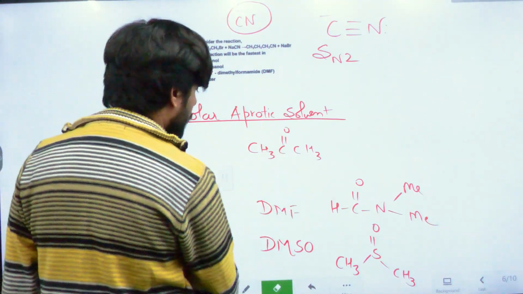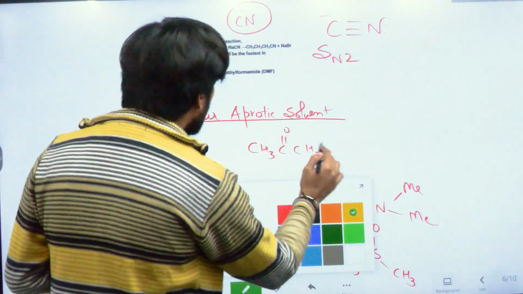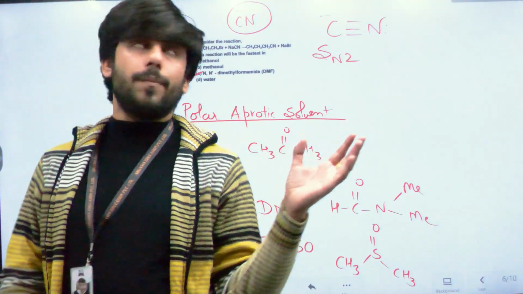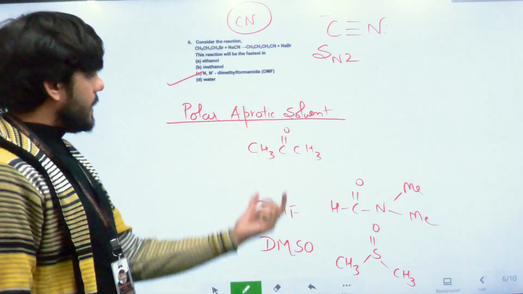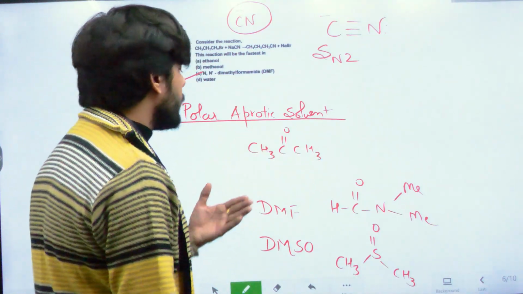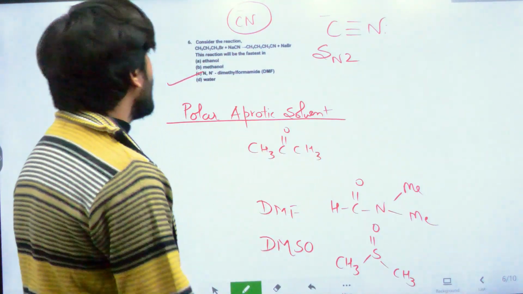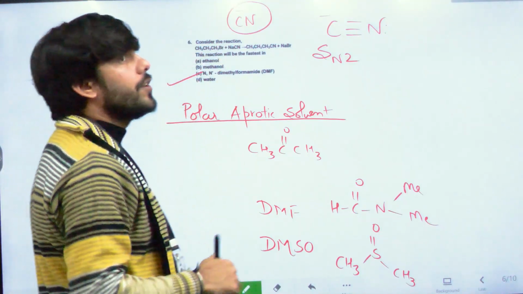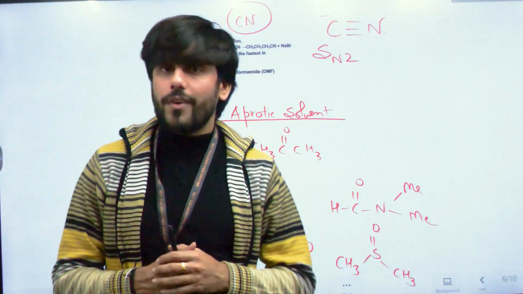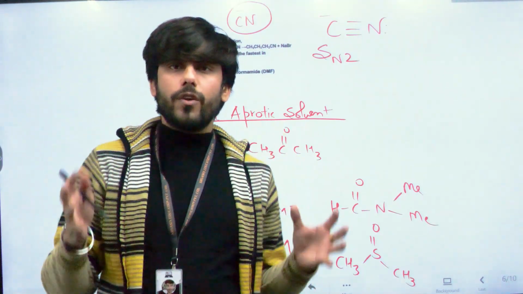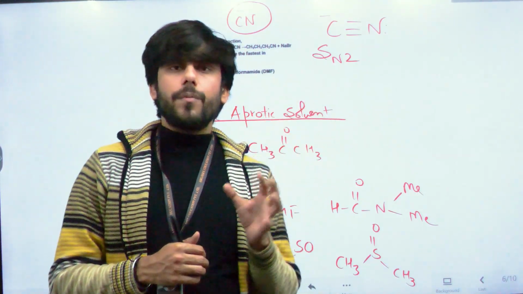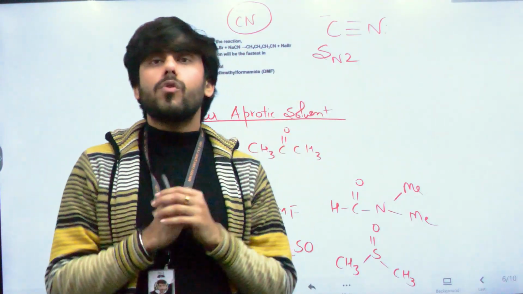Because I need the polar medium, and I do not require H plus. So polar aprotic solvents are, for example, CH3COCH3, DMF, DMSO. Ethanol, methanol, water are polar protic solvents, and SN1 reactions are favored in them because they help in the solvation of the carbocation formed and also the leaving group.